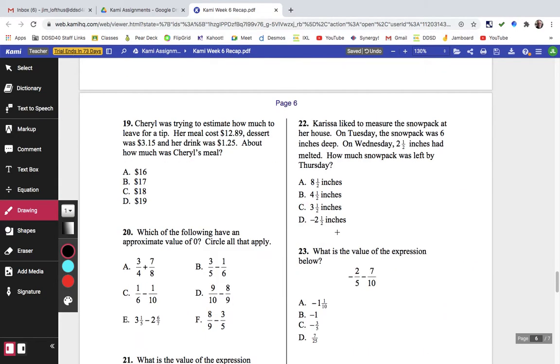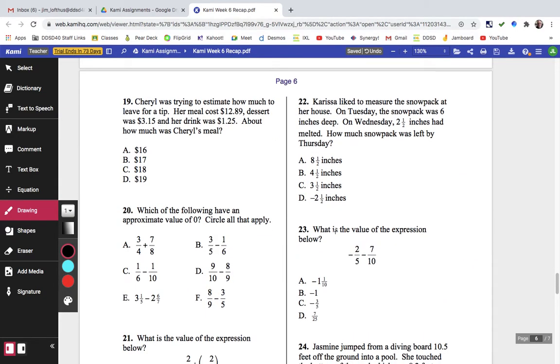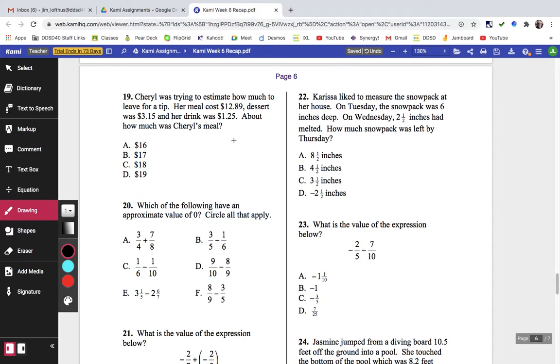Let's go to 19. Cheryl was trying to estimate how much to leave for a tip. Her meal cost $12.89. Dessert was $3.15. Her drink was $1.25. About how much is her meal?